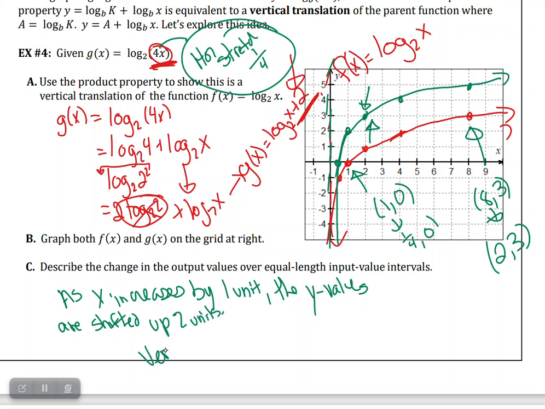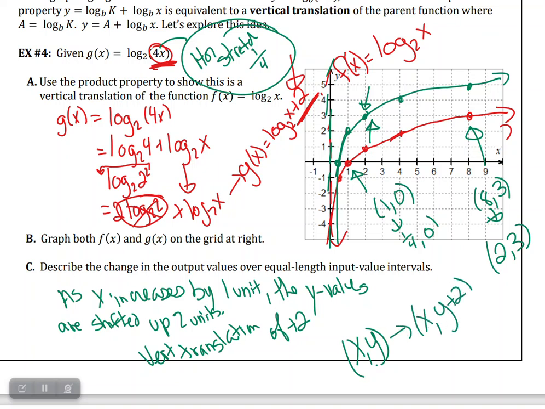So a vertical translation of plus 2. So if we have x comma y, we're adding to the y. So it would become x, y plus 2. And again, we saw that that's the same as 1/4 x comma y.